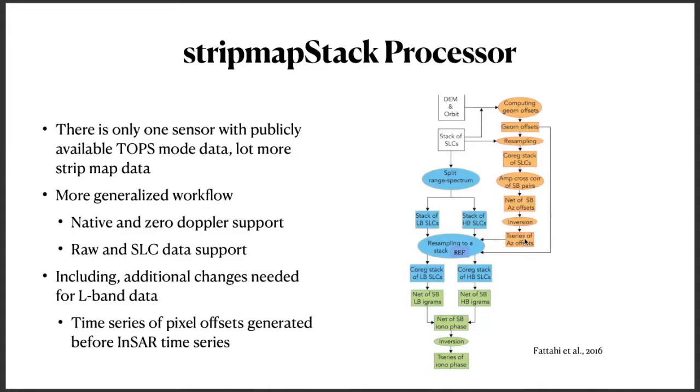So you essentially need a time series of offsets before you're able to align SLCs precisely at full resolution. You can, of course, turn off all that and go back to the standard mode. The default is to just do constant offset in range and azimuth. But you can turn on ionosphere and get the whole workflow of pixel offsets and then co-registered SLCs.